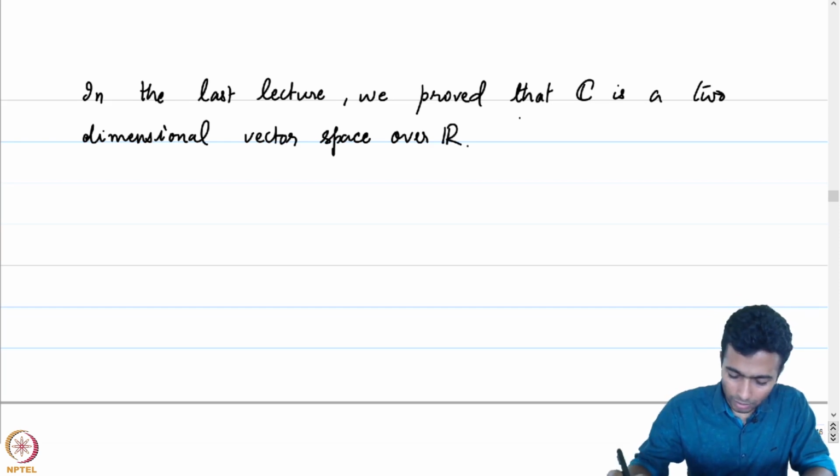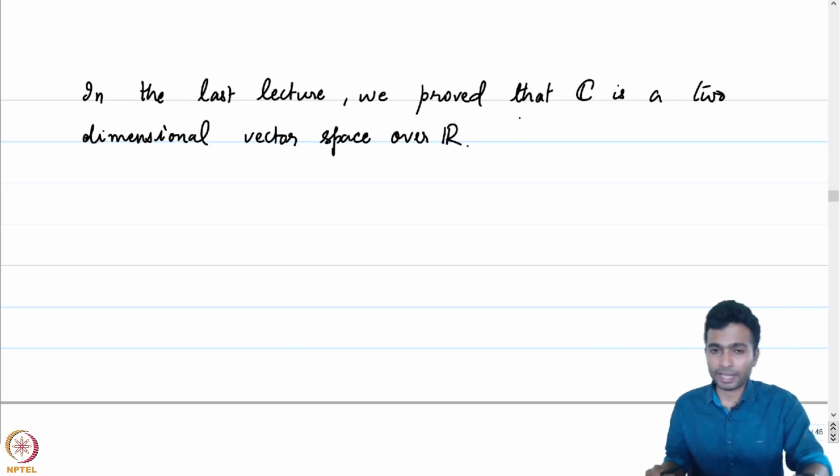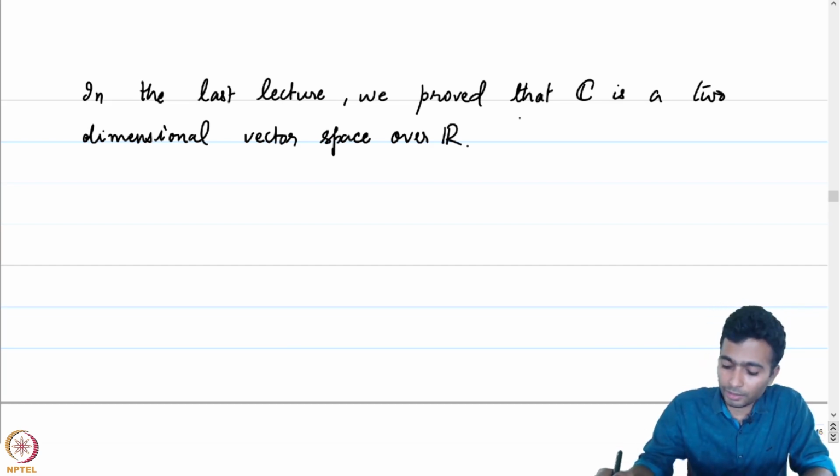So what was the basis? 1 comma i, where i is the coset representative of x. 1 comma i turned out to be a basis of C over R.